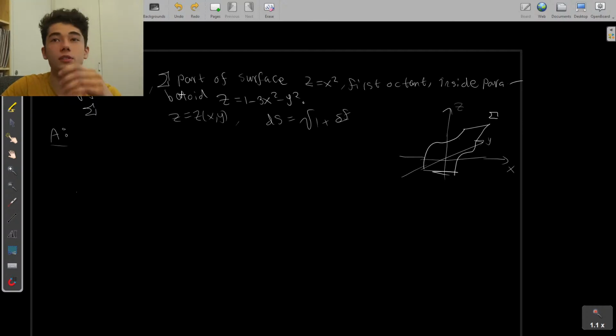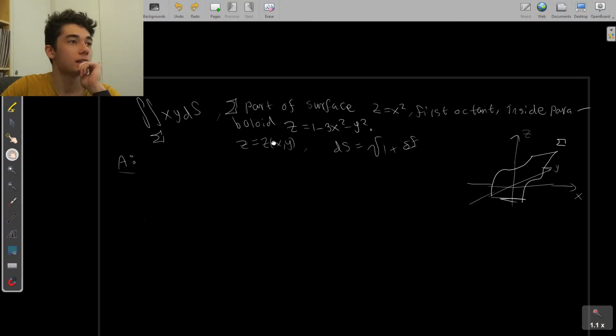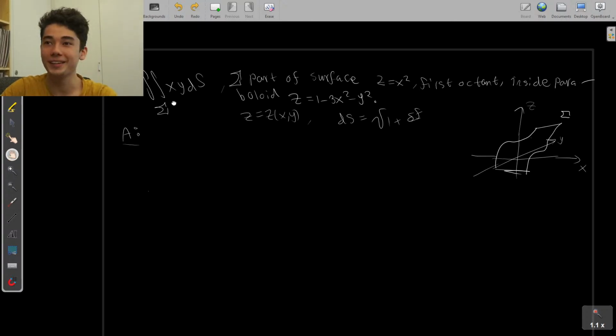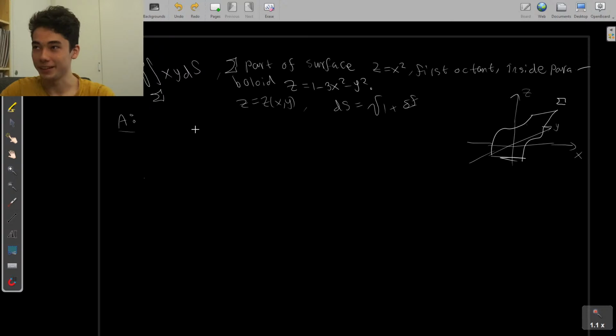But I guess if this is our density function, we're trying to find the mass of this surface. But I guess it's kind of deep to give an overall picture right now. I'm not sure if I gave a good explanation, to be fair.